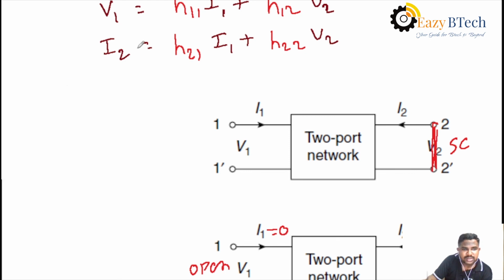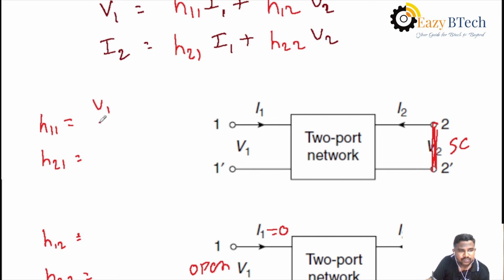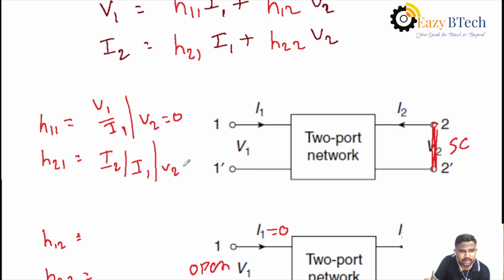Then what are the equations in the first case? The second port voltage will be 0; there you calculate H11 and H21. In the second case, you have to calculate H12 as well as H22. Then what is the formula for H11? That is V1 by I1 when V2 equals 0. H21 is I2 by I1 when V2 equals 0.